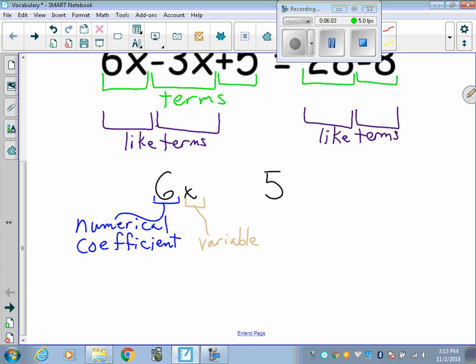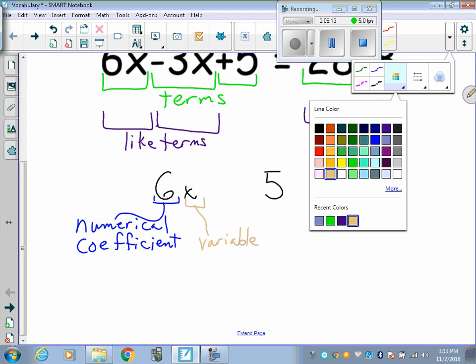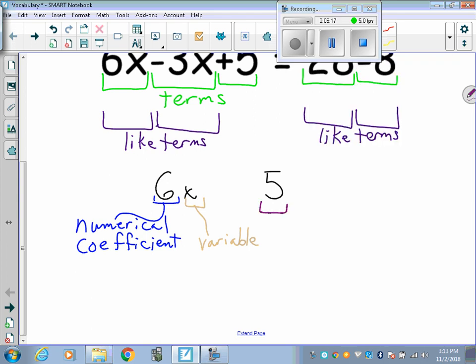That's your unknown number, your placeholder. And then the last one that we had on here was your constant, which is a nice purple. So this 5 right here is what's called the constant, because it's just the number, no variable.